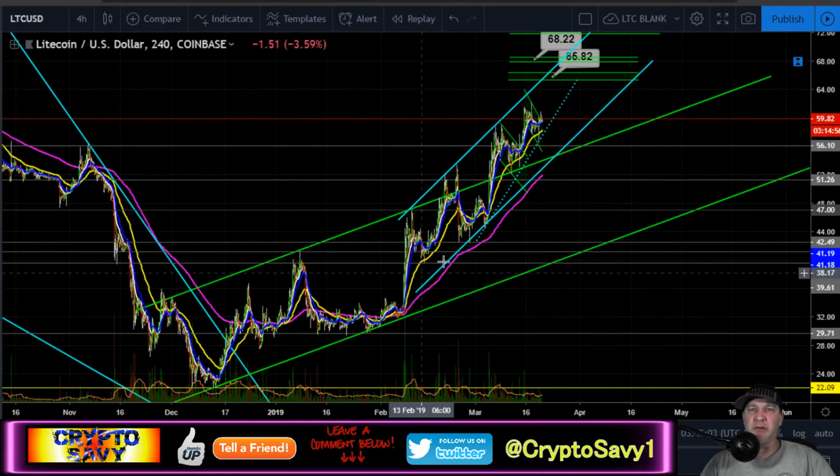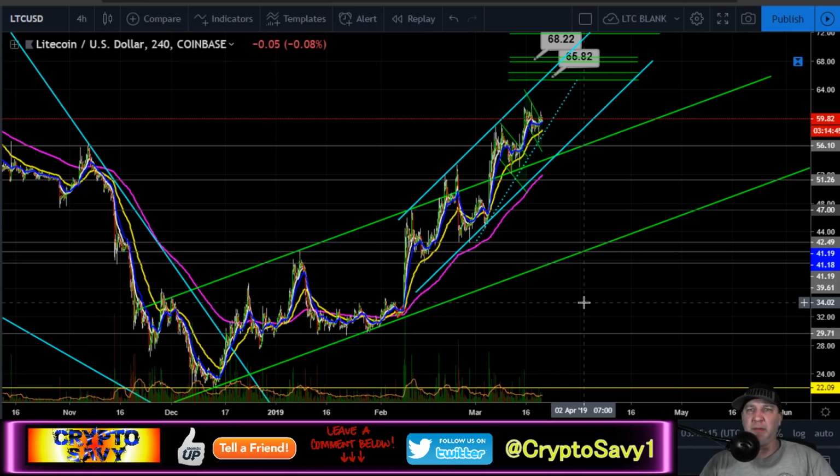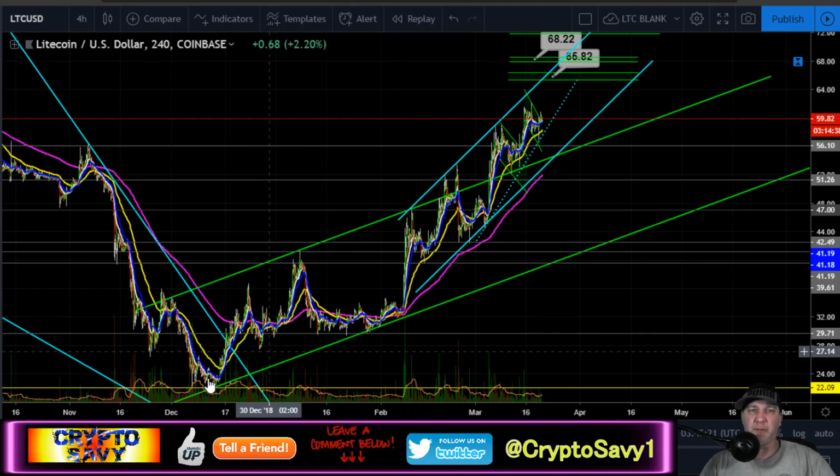And the way I'm going to measure this, guys, is as this here is a wave one. I started out using Elliott wave theory, and I still use it a little bit in my charts, but it's more so the Fibonacci that I use and not so much the Elliott wave count.